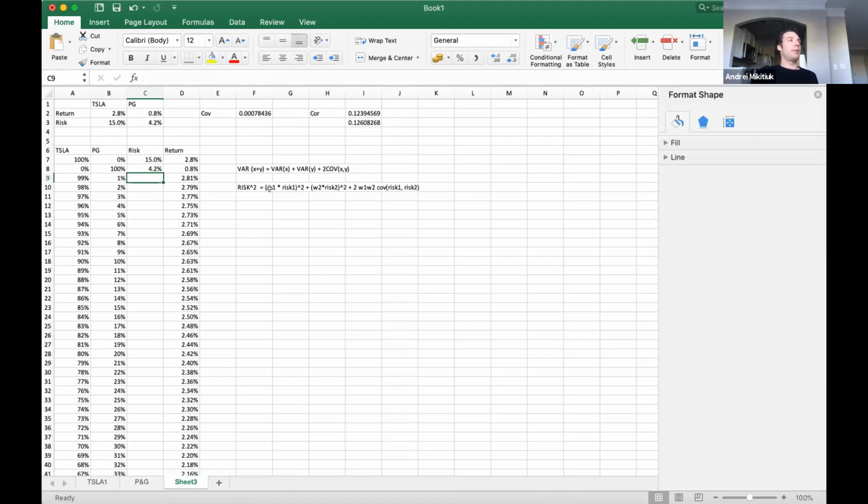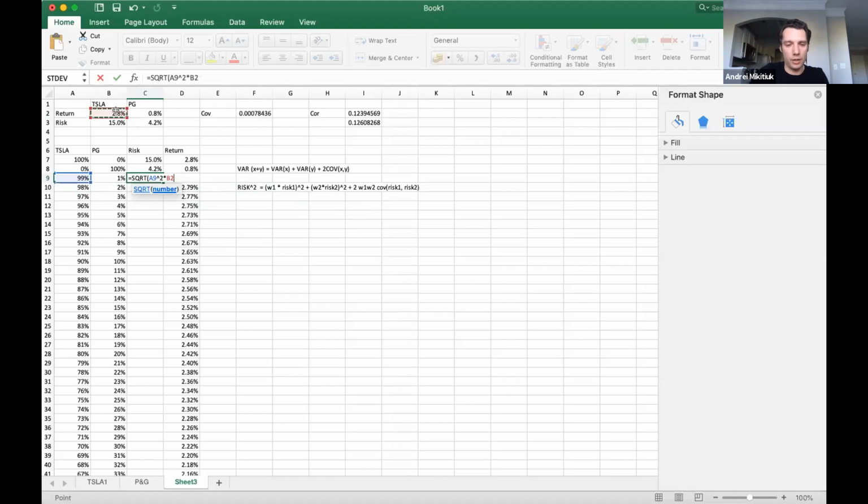So now we can simply apply this formula. Remember that we have to have risk here, so that's how we calculate the squared risk. We will need the square root of this whole thing. So first weight squared times Tesla return, where is Tesla return?